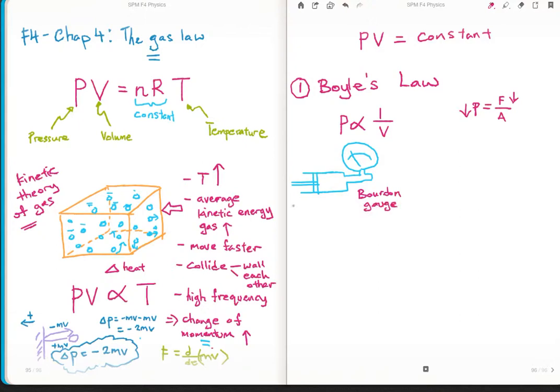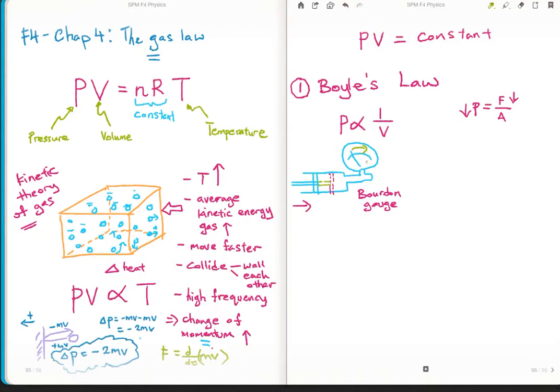So what happens if you press on this piston over here? The volume reduces. When you press into here, the remaining volume reduces, and therefore pressure increases.